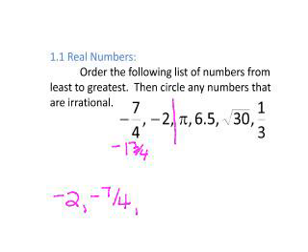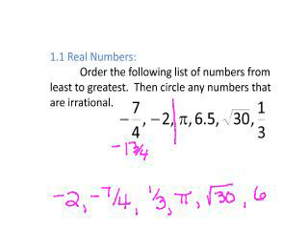So the smallest of those is 1/3. Then we would have pi, because it's about 3.14. Then the square root of 30, because that's going to be 5.5 or 6. And the largest one is 6.5. So that's how we list them.